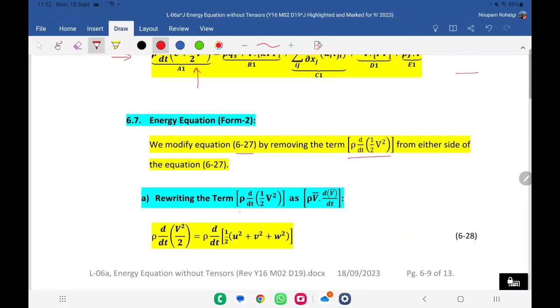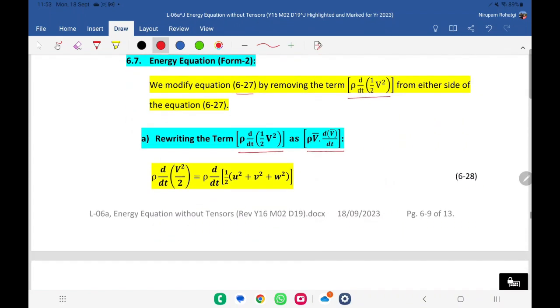Now focus on this term, rho d by dt of half v square. We can write it like this. Now I am showing just the mathematics, how we can do it. Now this v is nothing but the summation of three velocities.